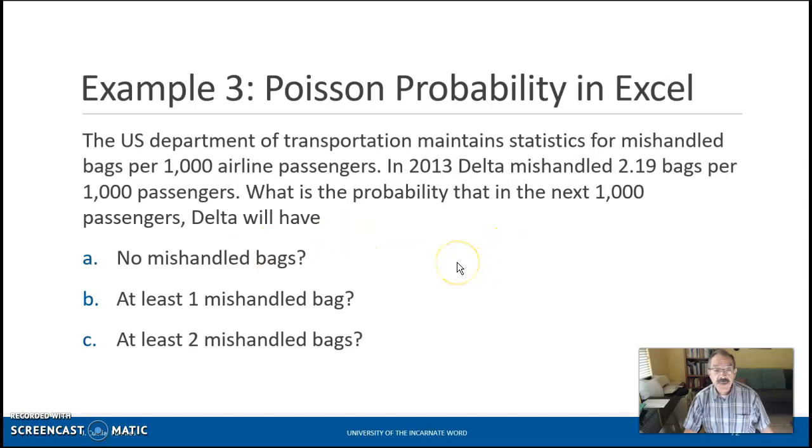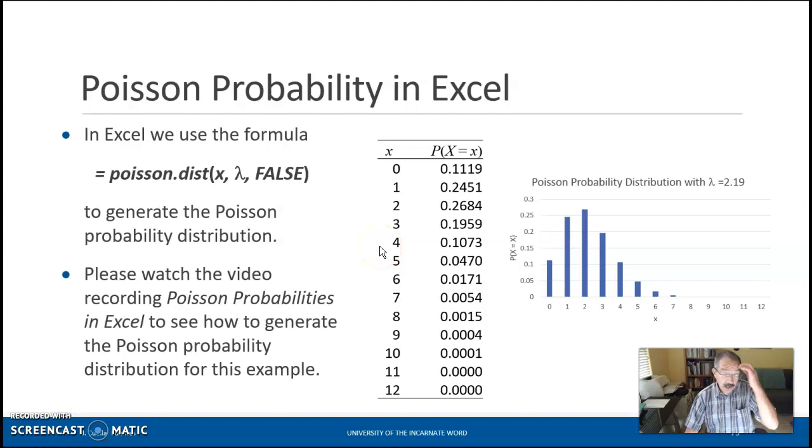In this case, we're going to use Excel to construct the Poisson probability distribution, using this formula: equal Poisson.dist, parentheses, X being the number of occurrences that we're interested in finding, lambda, the average value of mishandled bags, and false because we want to find exact probabilities.